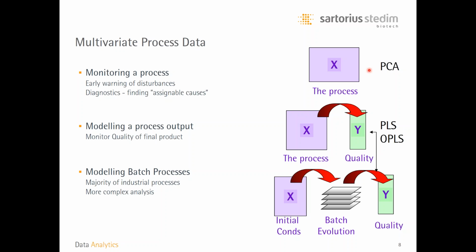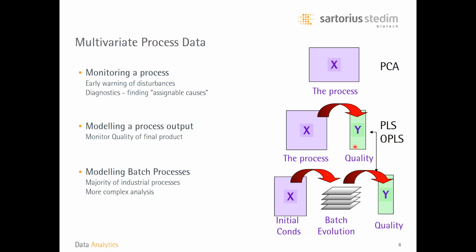And when you have a hiccup, preferably it should also be possible to find the so-called assignable causes, which means being able to interpret and understand why deviations occur, and perhaps also in the long run to avoid these issues in the future.